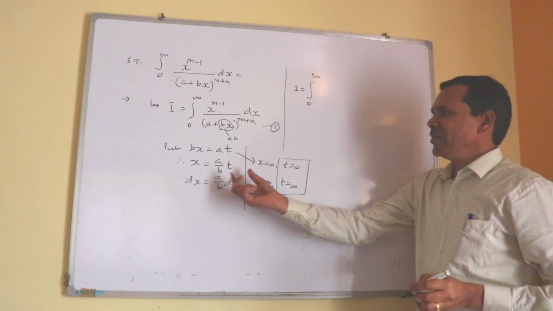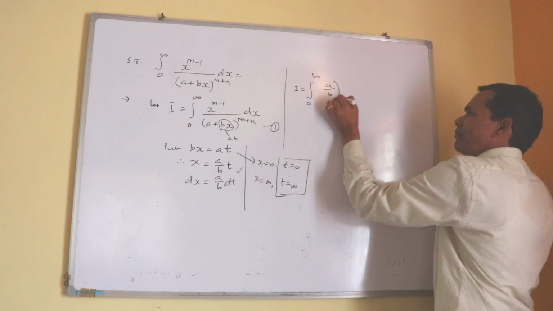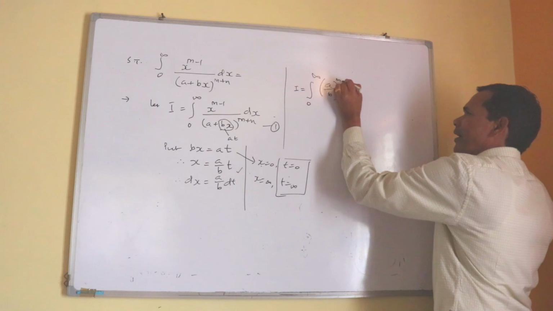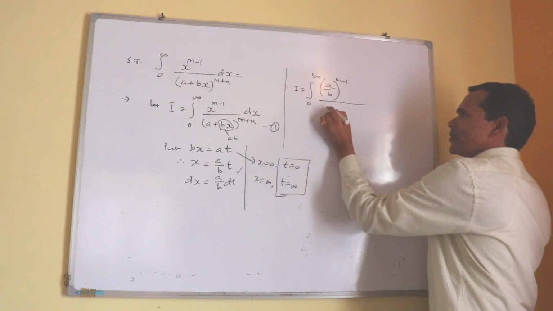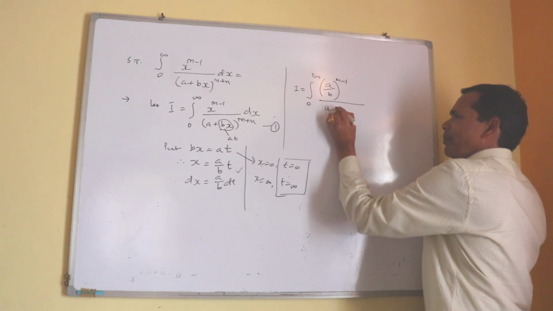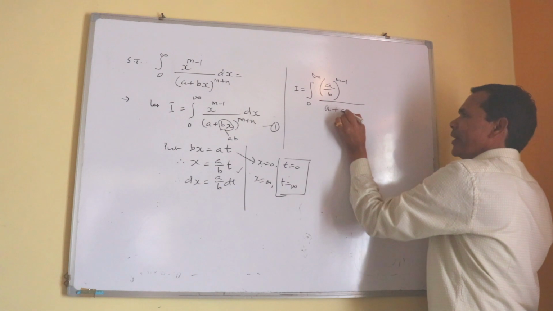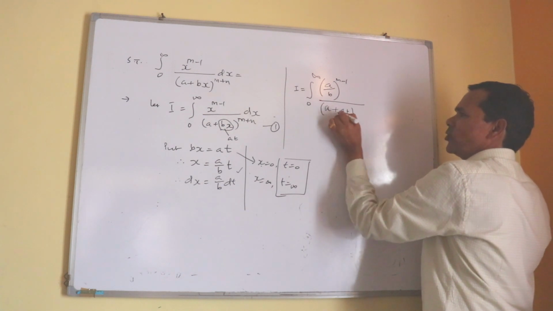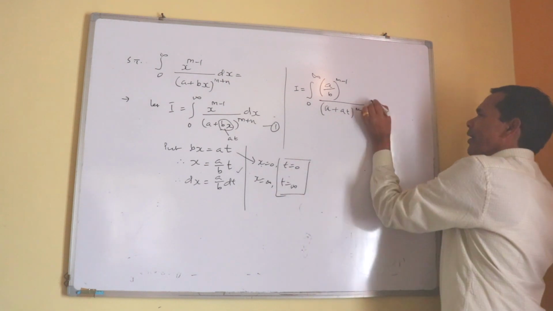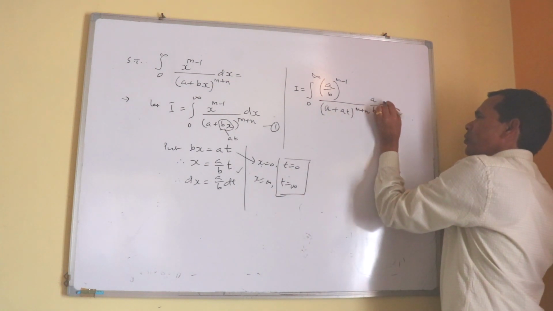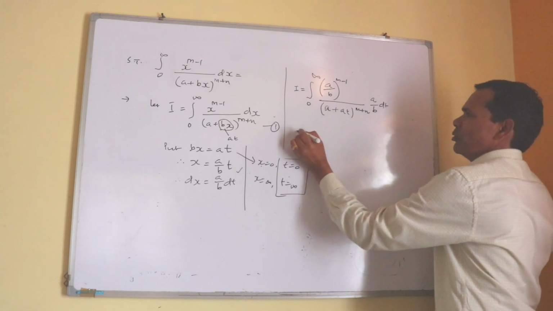I just put for x, a upon b bracket raised to m minus 1, divided by a plus at, since bx is equal to at, bracket raised to m plus n, and dx is a upon b into dt. So we simplify this and take all constants outside there.